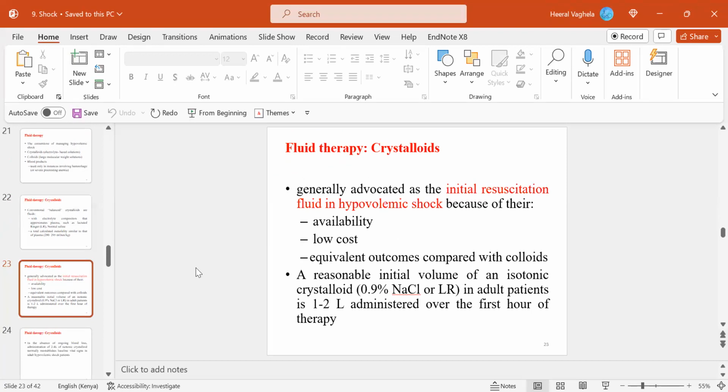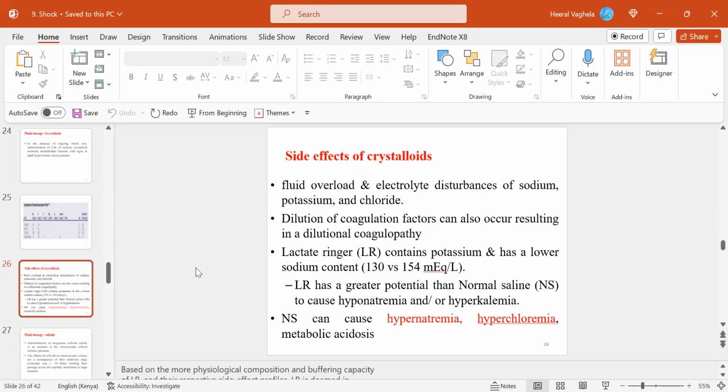They just increase your blood volume, and they're actually better because of their availability and low cost. Now for the Ringer's lactate, what it does is that the lactate is converted in the liver to bicarbonate, so it overcomes the lactic acidosis that was produced in shock.